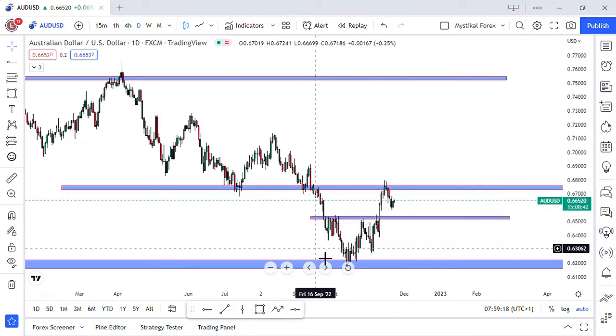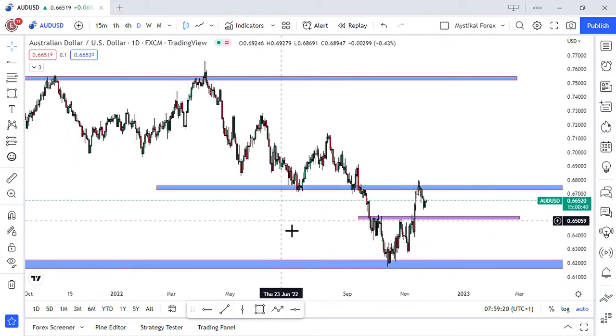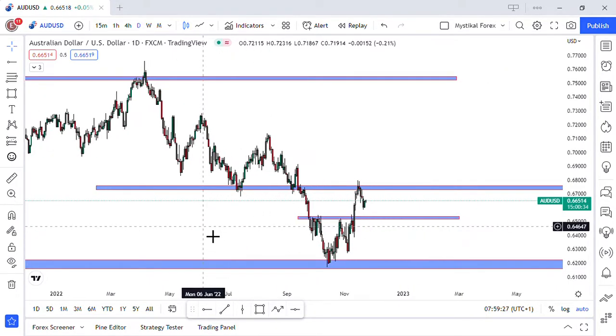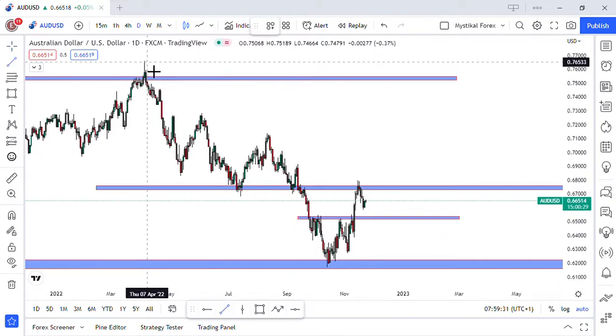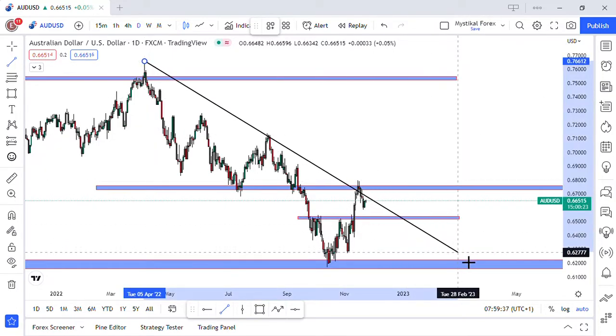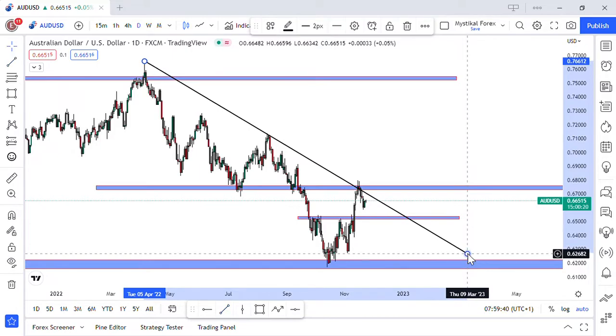So based on my structure, what I'm seeing is that this market has a potential of going up. But if it doesn't, we always say keep your stop loss closer.